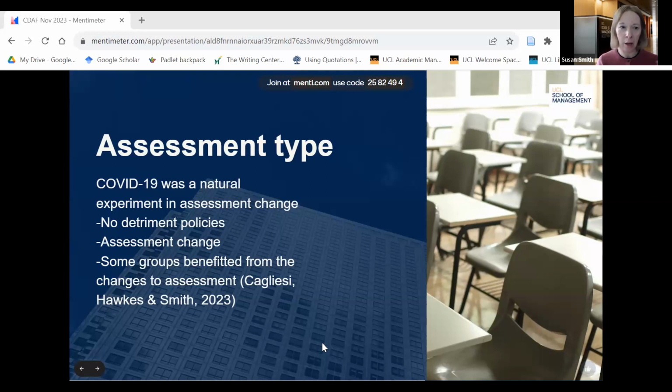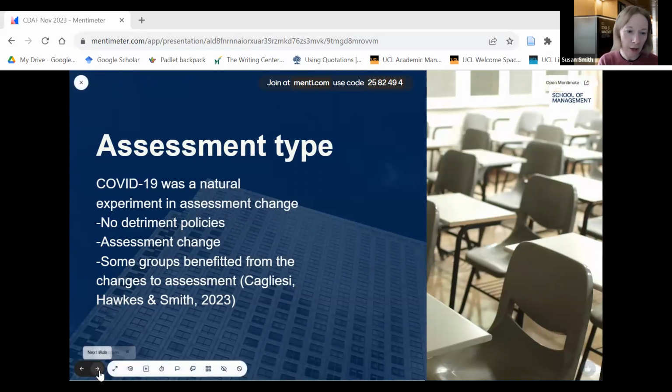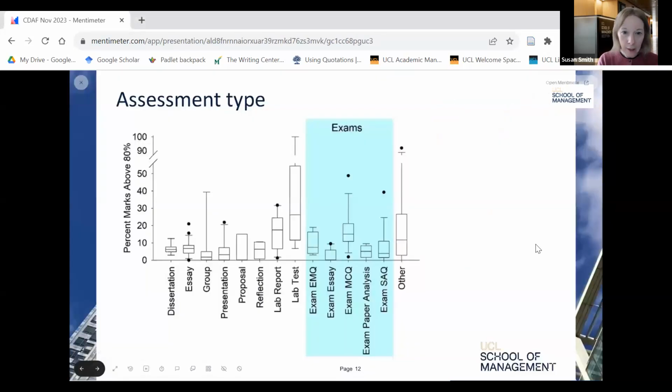Once you have a large graduating cohort, and then multiply up by the number of modules they've got, the number of sits they had, the ones who had resits, suddenly you have a huge data set. But I think it's important, if we're going to come to conclusions, that we are starting to move in that direction. So moving on, I wanted to highlight this.